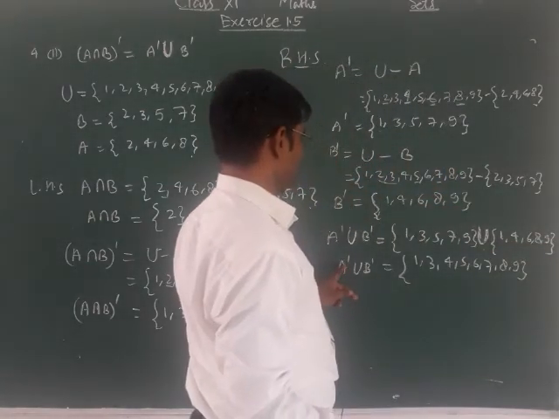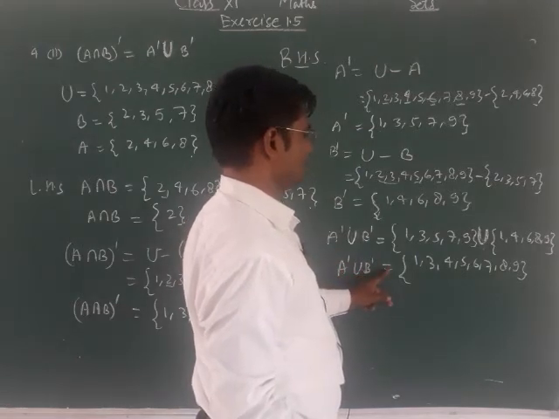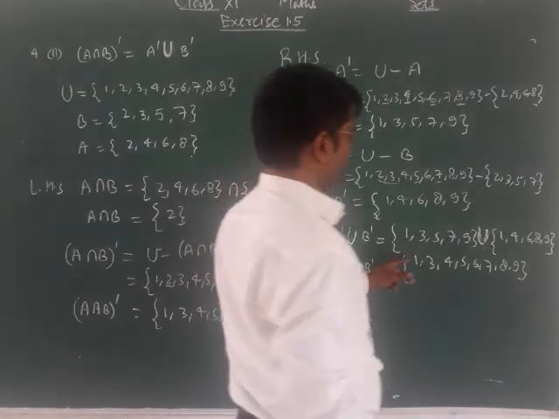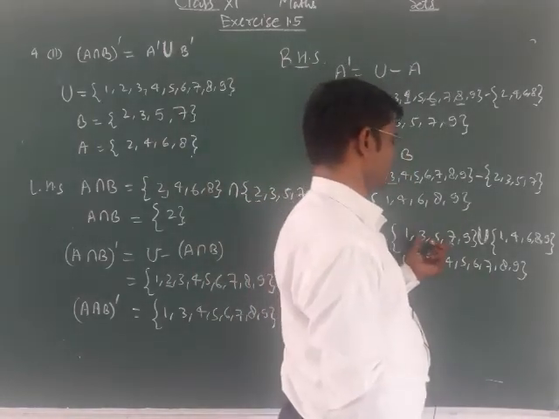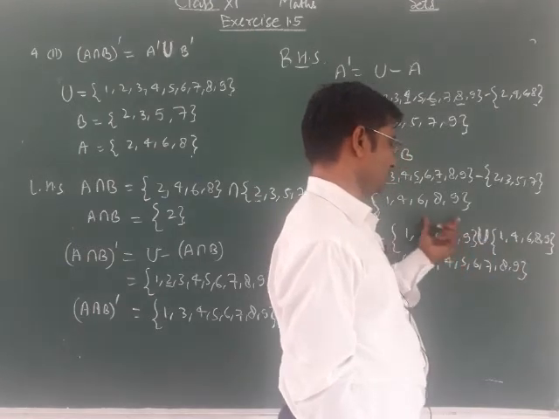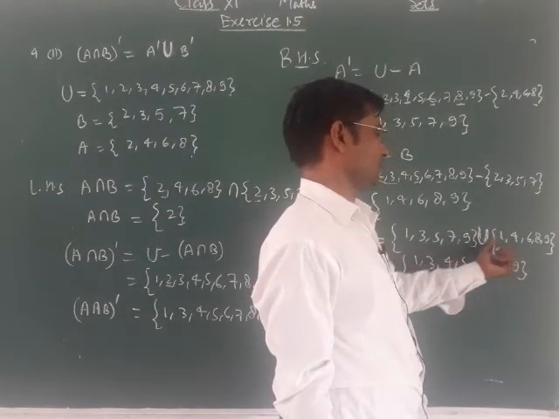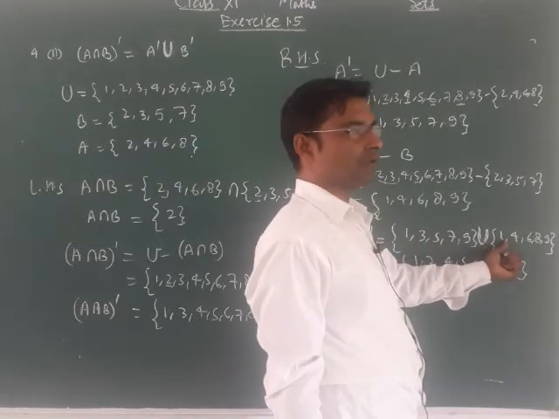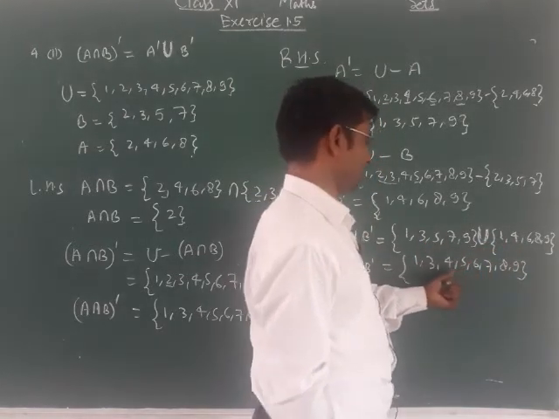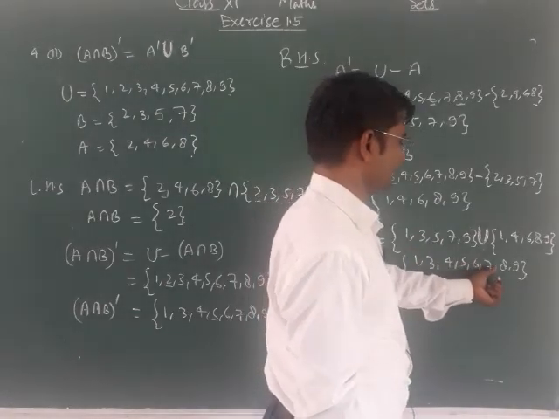So complement of A union complement of B is equal to all elements of the first set or second set, but common elements only one time. So this is 1, 3, 4, 5, 6, 7, 8, 9.